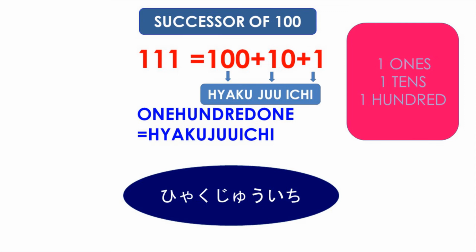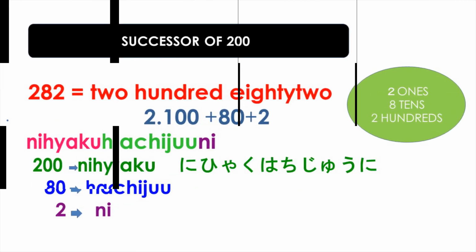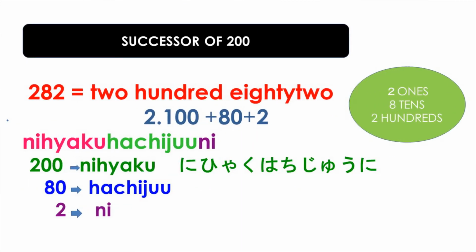Now try another number, that is 282. By the splitting method, 2 into 100 plus 80 plus 2. So at 1's place we have 2, at 10's place we have 80, and at 100's place we have 2.